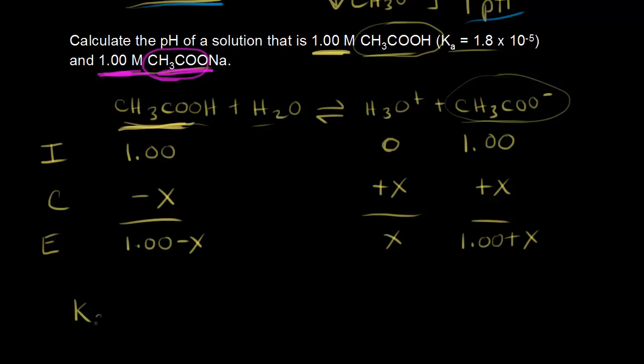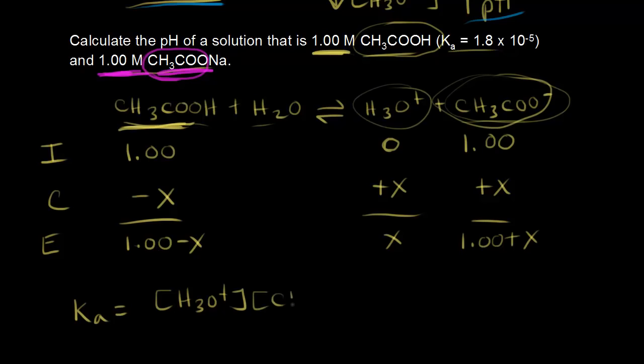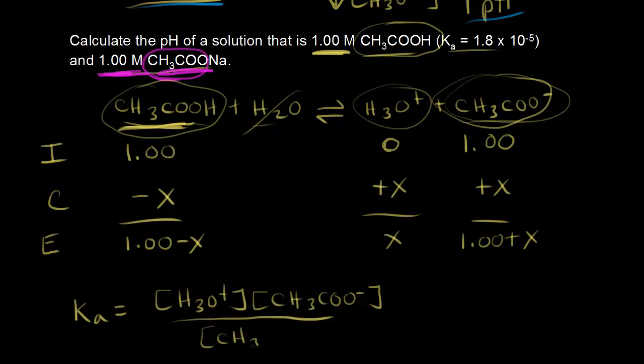So Ka is equal to the concentration of products over reactants, so H3O+ times the concentration of acetate, all over the concentration of our reactants, leaving water out, so the concentration of CH3COOH.